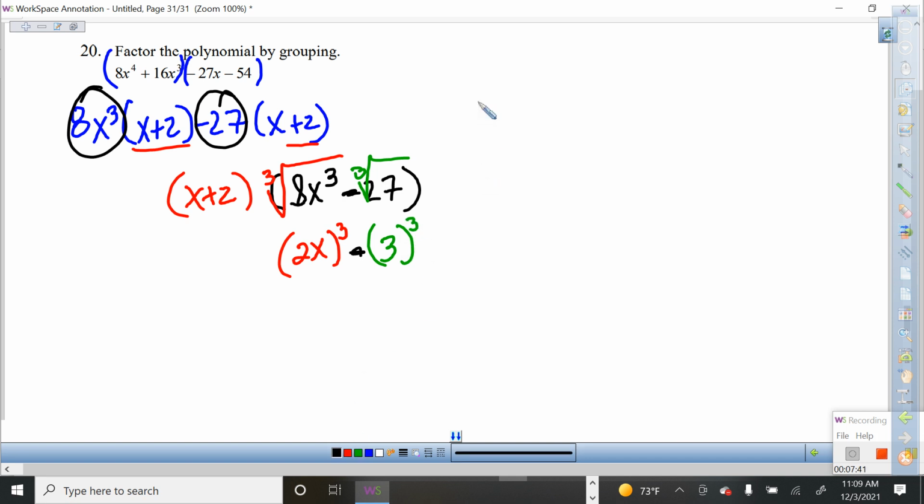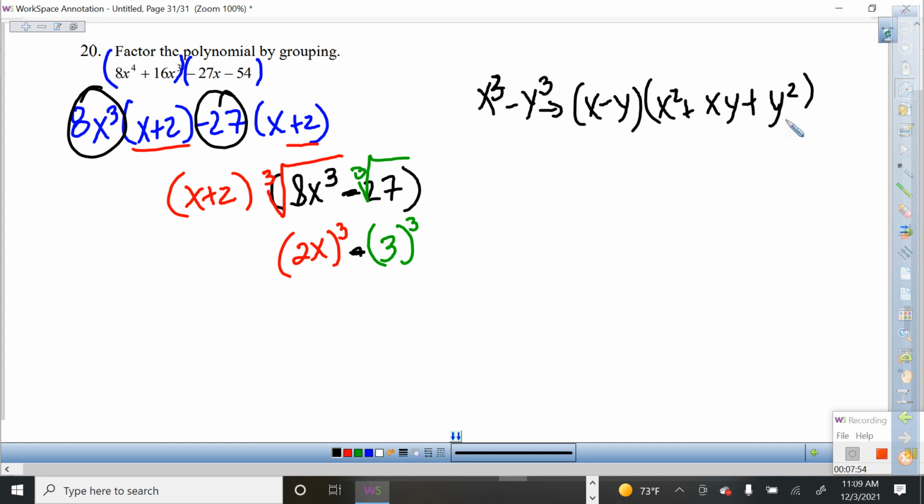So my identity is what? x cubed minus y cubed, which is (x minus y)(x squared plus xy plus y squared). So now instead of x, I'm going to write 2x, and instead of y, I'm going to write 3.